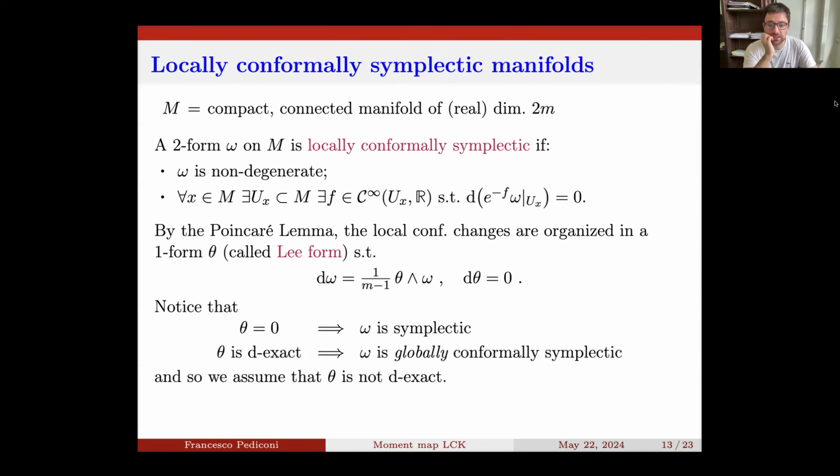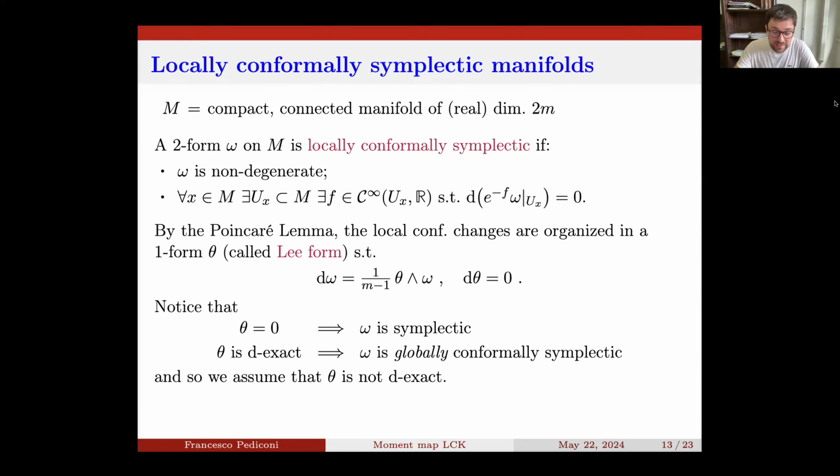Actually, here notice that in some special cases you recover the symplectic framework. In particular, if theta is identically 0, then omega turns out to be symplectic, so this is precisely the case where omega is closed.